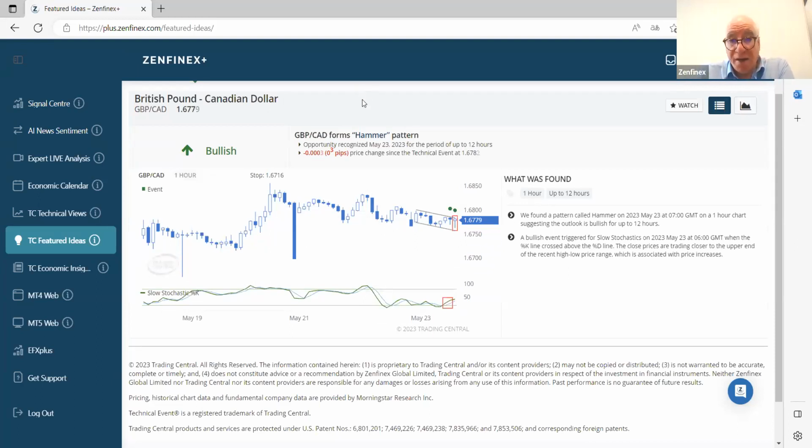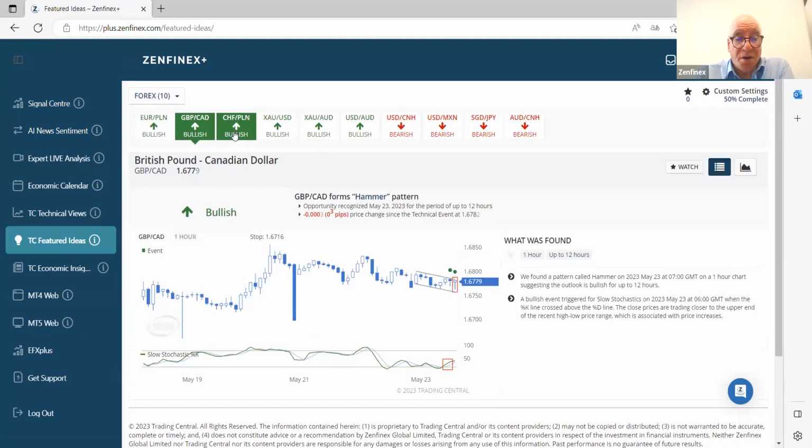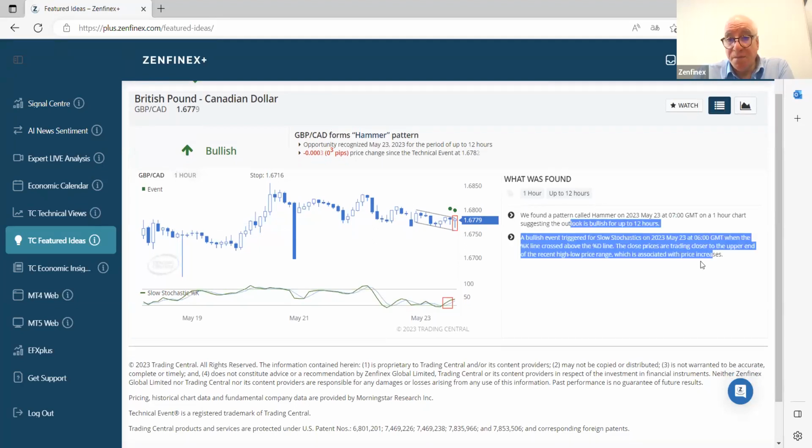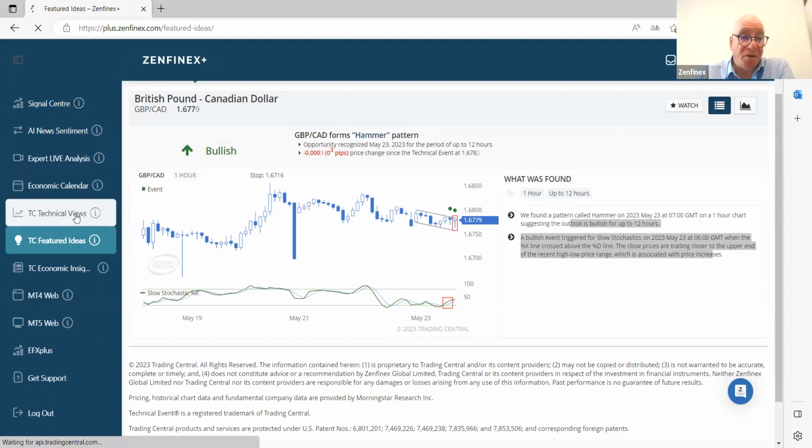So again, it's worth checking out, and you're able to look not only from the perspective of looking for trade ideas, but also learning some of the ways that other analysts look at trade setups basically.